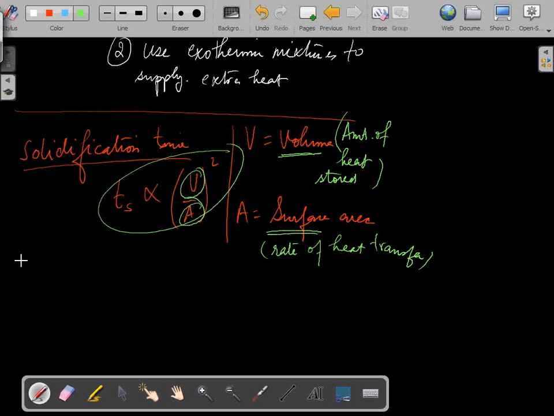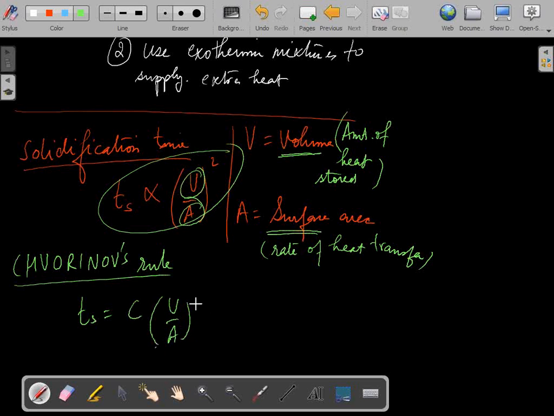Now the name of this is Chvorinov's rule. In Chvorinov's rule, if you equate it, there will be a constant, C, coming into the picture.